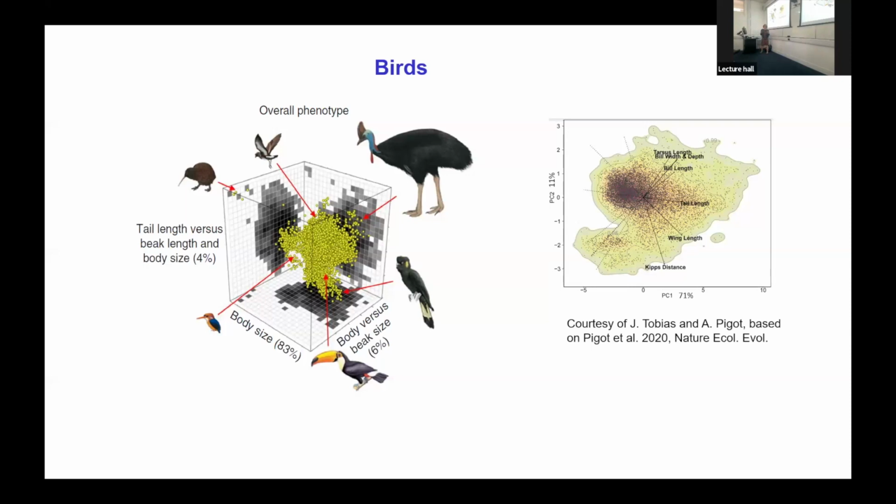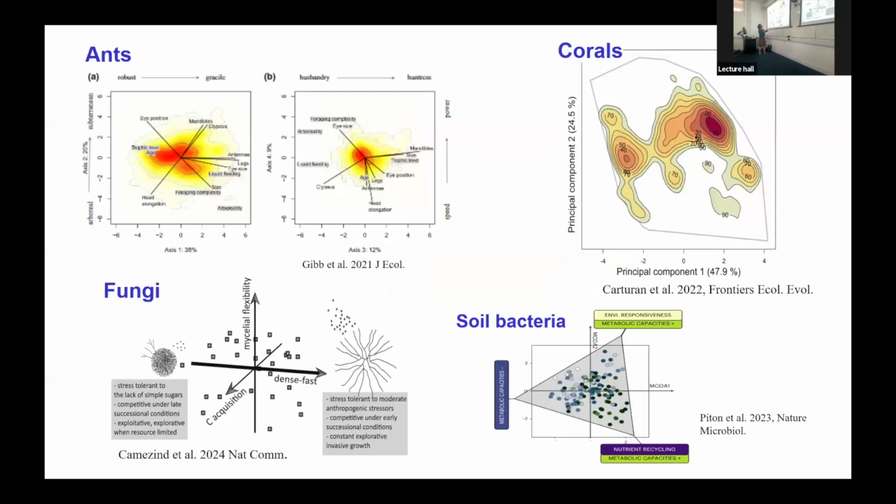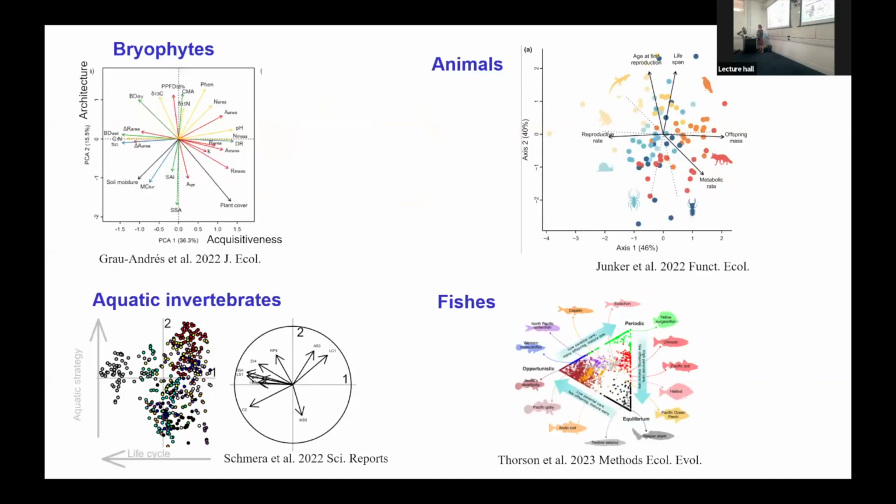And body size is very important in determining this global phenospace. In the following years, many other spectra for many other groups were described in the literature, for ants, corals, fungi, soil bacteria, bryophytes, and all sorts of animal groups, with different approaches, some of them more parsimonious than others, but this is a very active area of research.